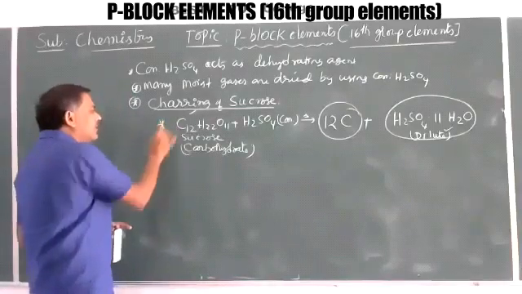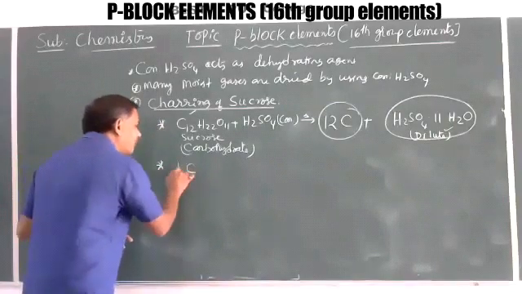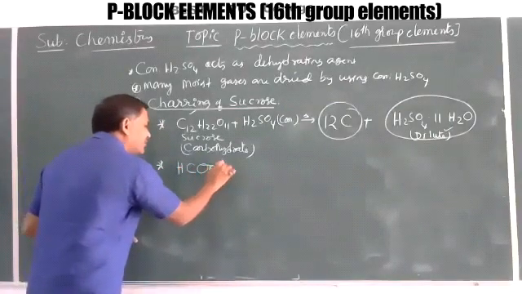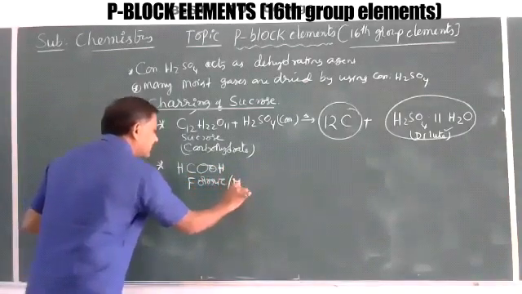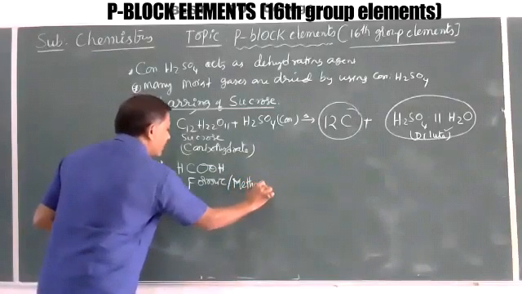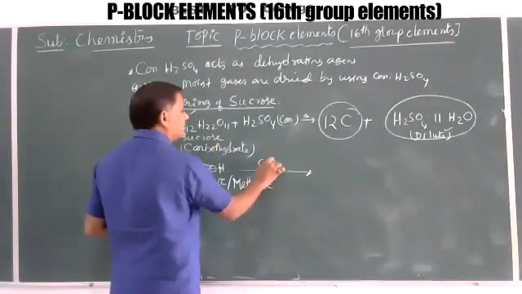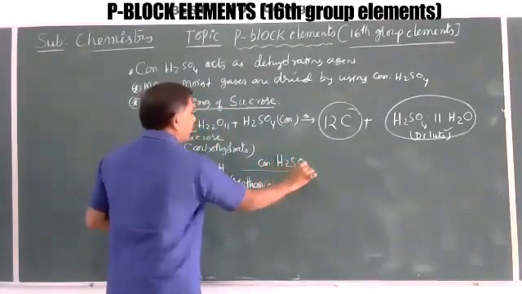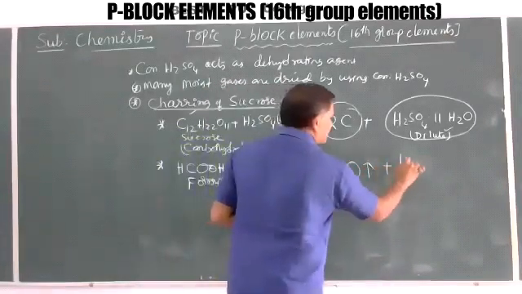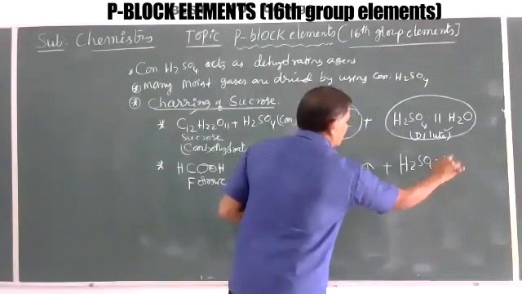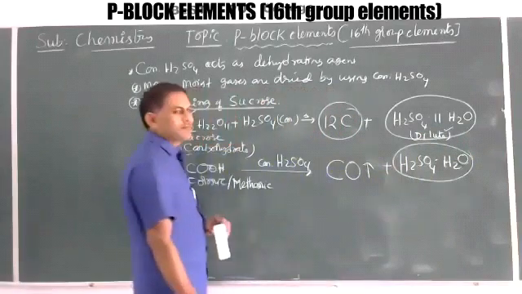Not only this, depending upon the condition, some organic compounds like formic acid, HCOOH, methanoic acid, common name formic acid, IUPAC name methanoic acid, on heating with concentrated H2SO4 liberate carbon monoxide gas and dilute sulfuric acid, with 1 mole of water reacting.